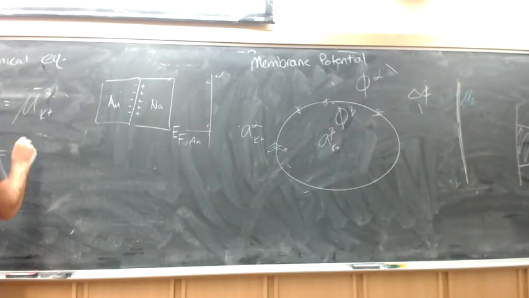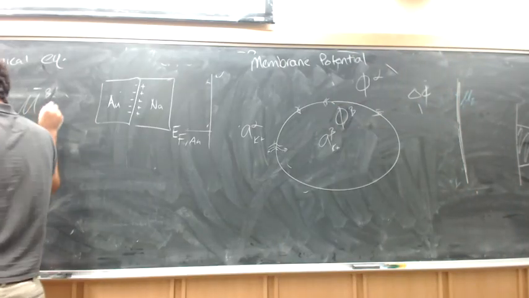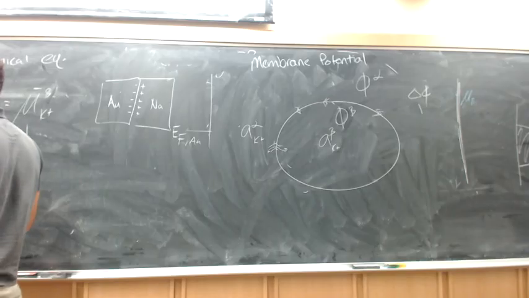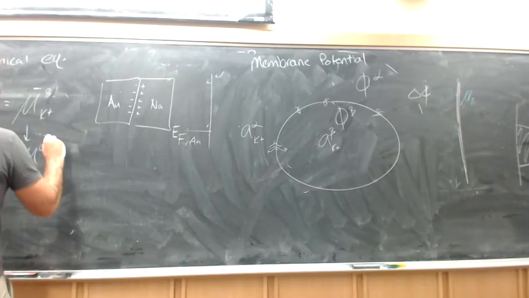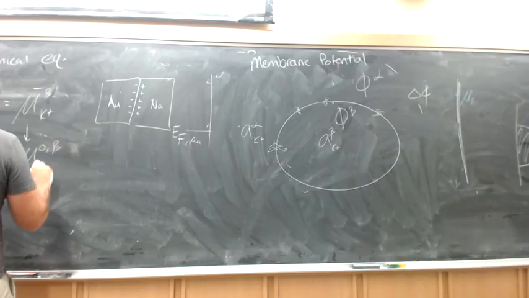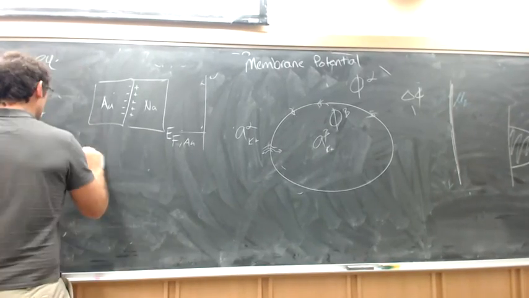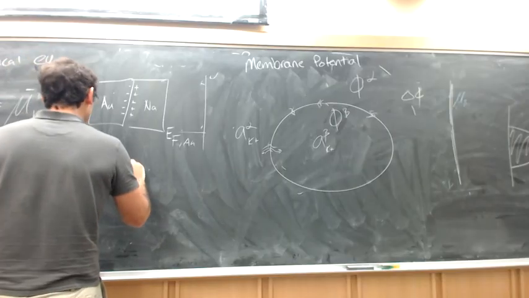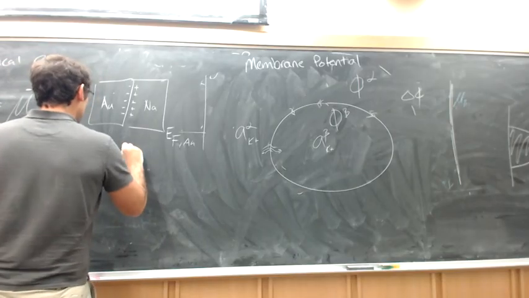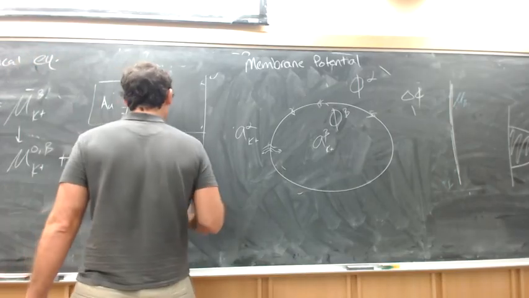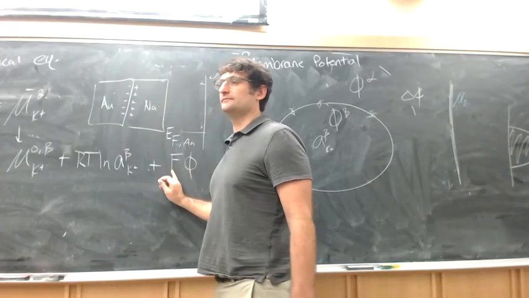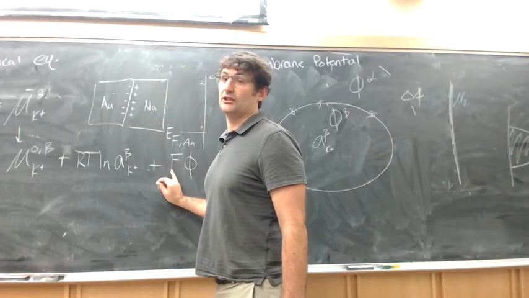Okay, so I think what you're telling me is we need to expand this term into its constituents, right? So what are the constituents of the electrochemical potential in phase beta of K plus? Plus what else? Keep going. RT ln the activity of potassium in beta, plus what? Phi, and why did I drop Z? There was a Z here. Plus 1, right? That's right. Good.